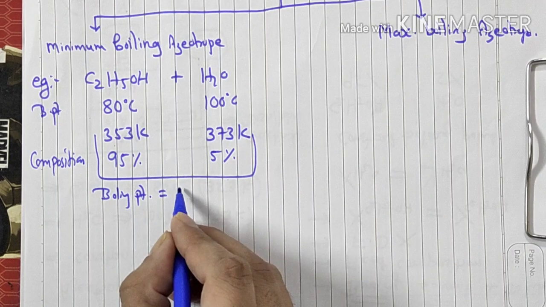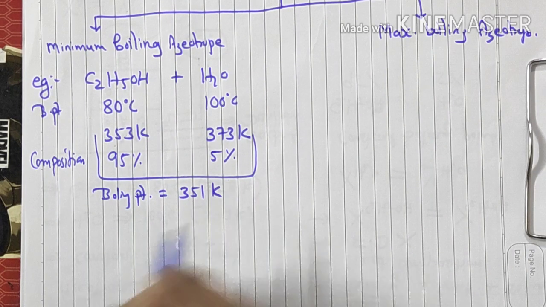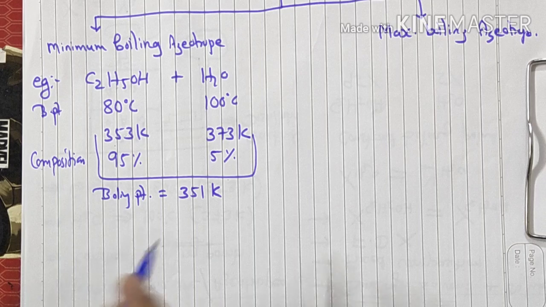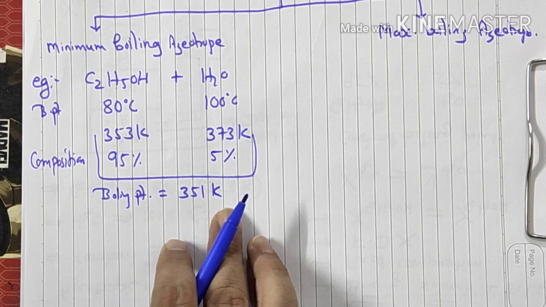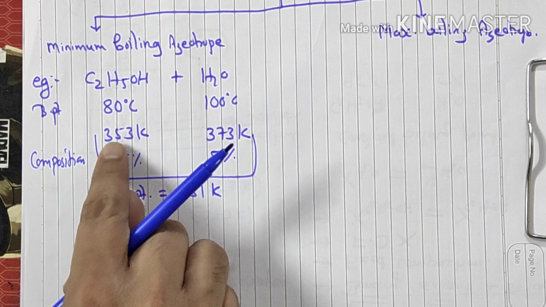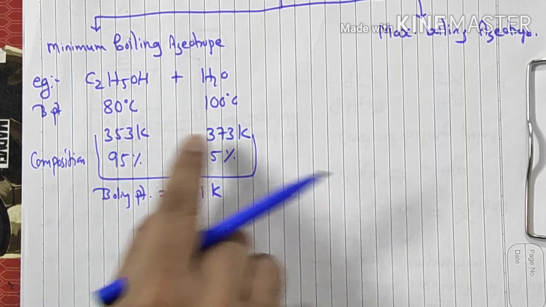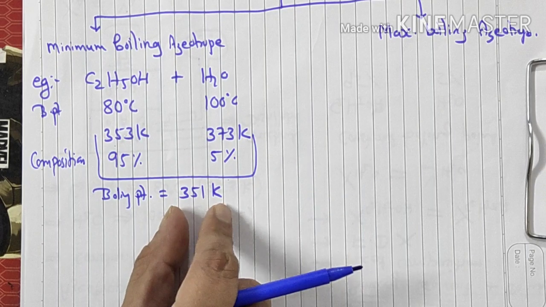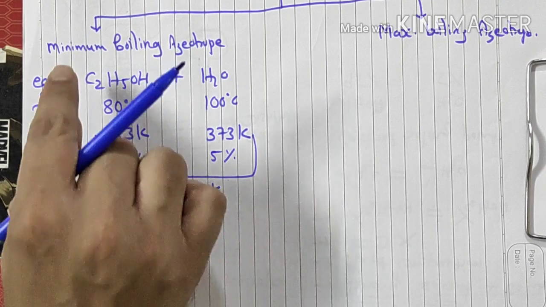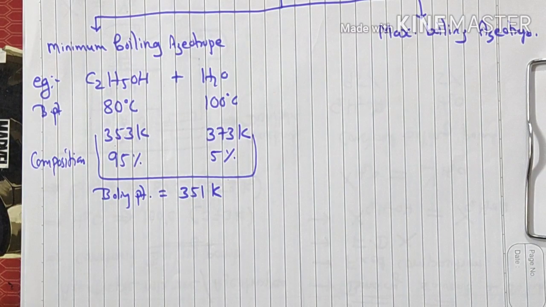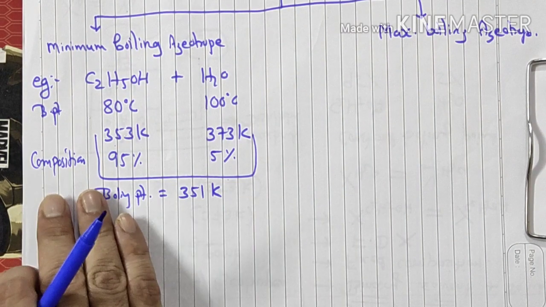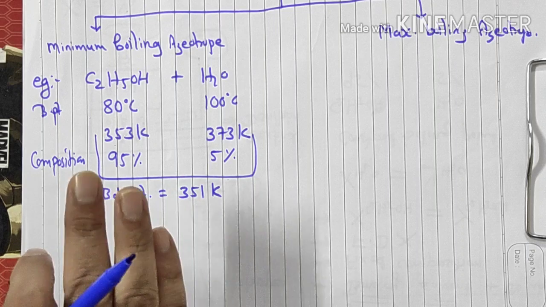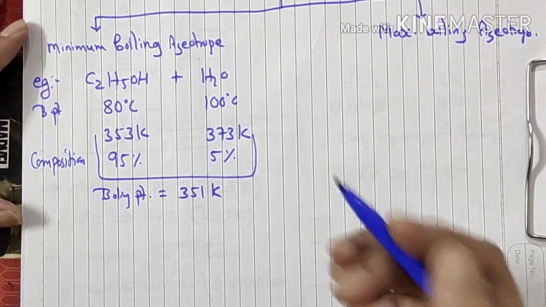Right? So the boiling point is 351 Kelvin, student. Because the boiling point is less than both 353 and 373, दोनों के boiling point से ये boiling point कम है, इसके लिए हम लोग उसको बोलते हैं minimum boiling azeotrope. Got that? Clear? Okay.